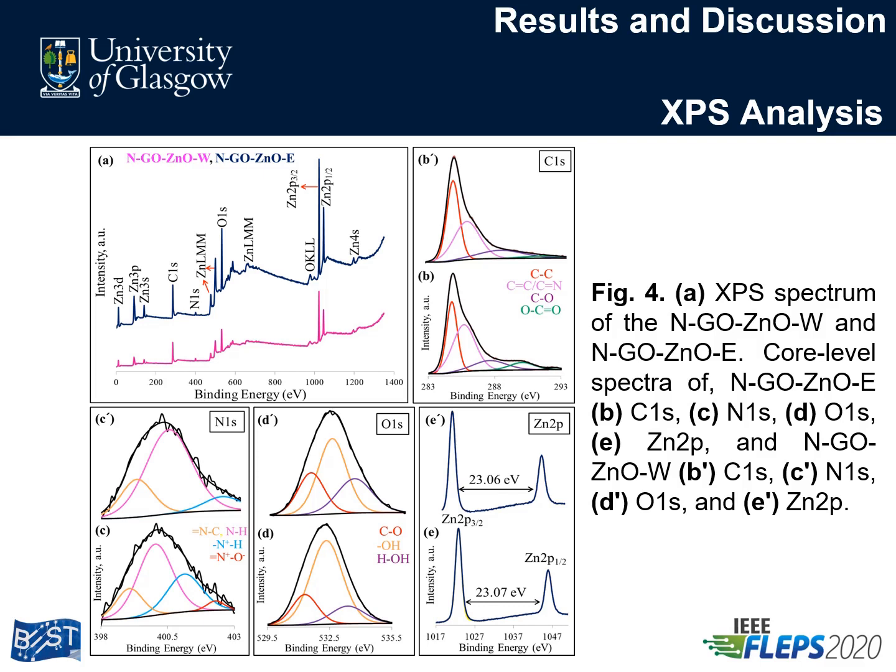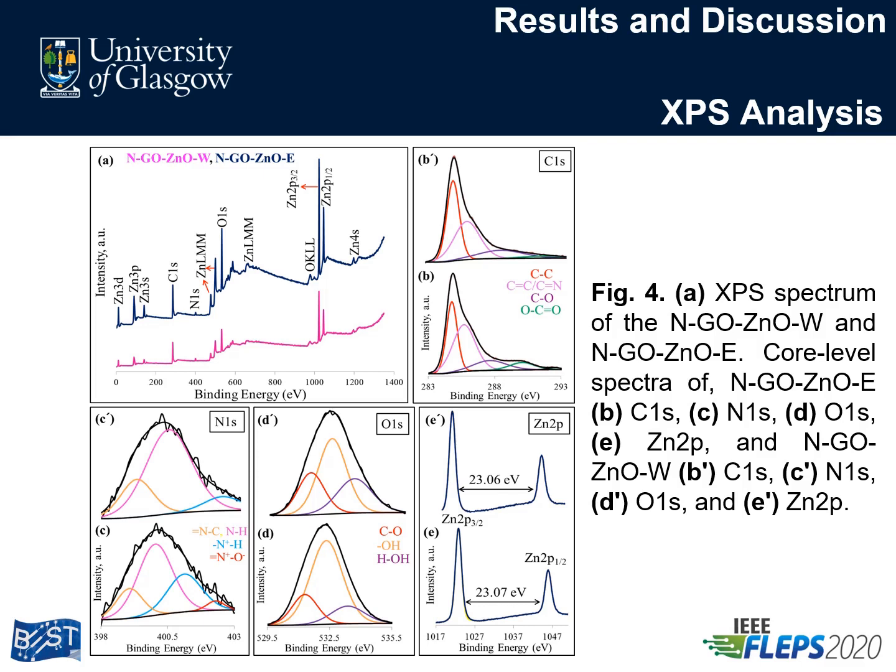The deconvolution analysis of zinc in both nanomaterials showed a doublet of low and high binding energy peaks corresponding to zinc 2p3/2 and 2p1/2 respectively. Both peaks showed an oxidation state of +2.